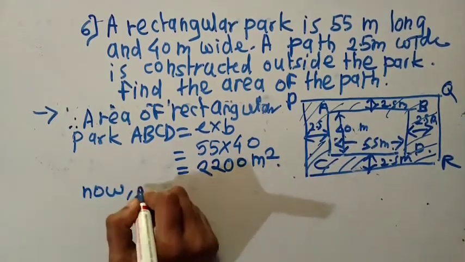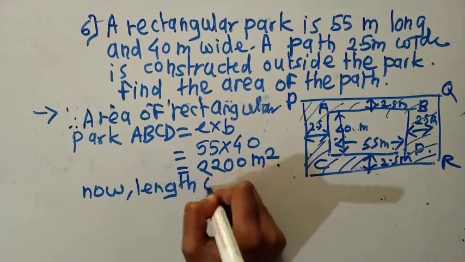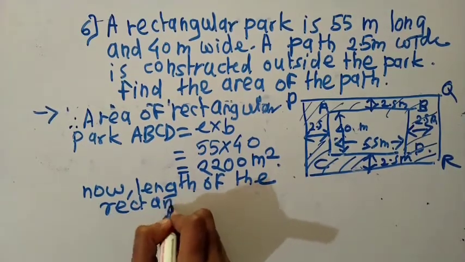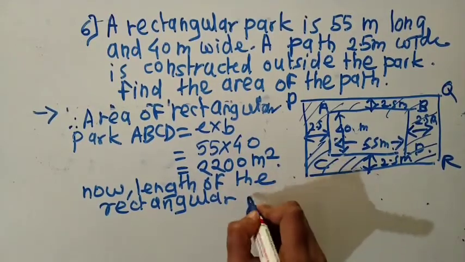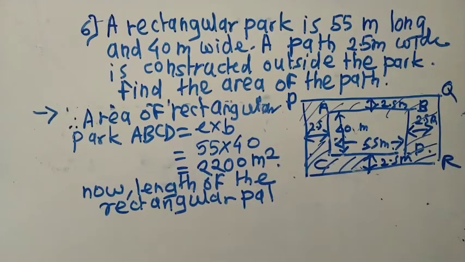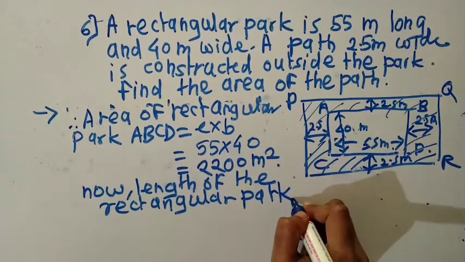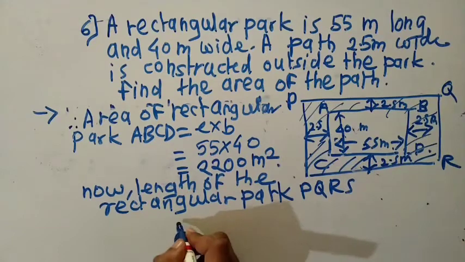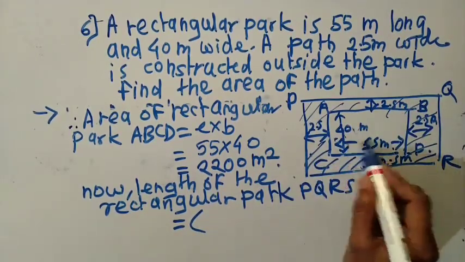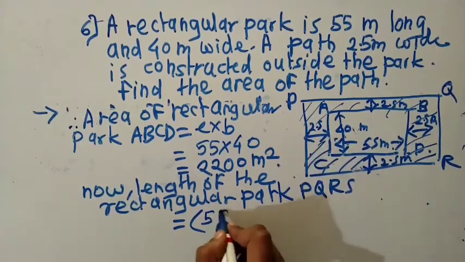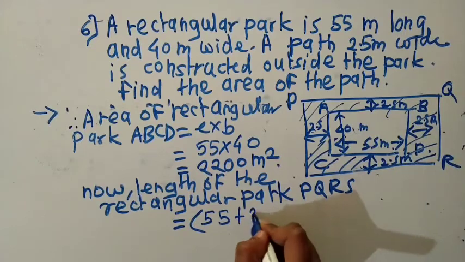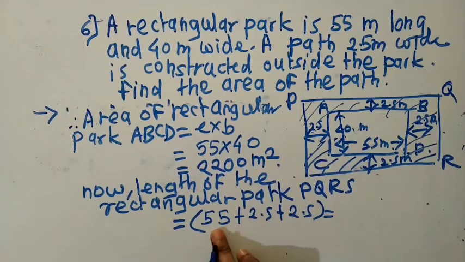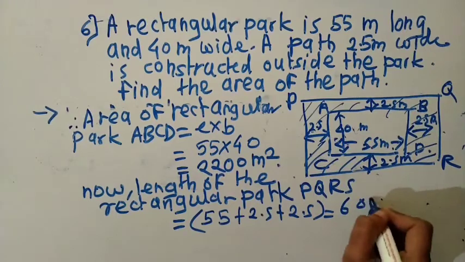Now length of rectangular park PQRS is equal to 55 plus 2.5 plus 2.5, which is 55 plus 5, equal to 60 meter.